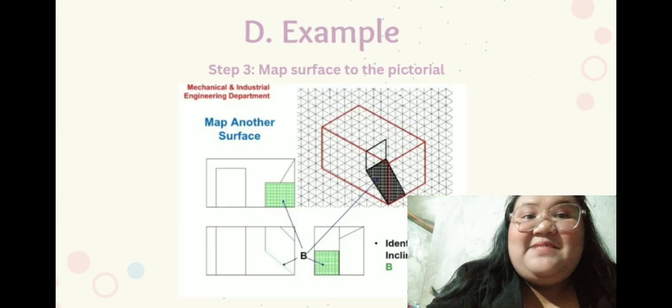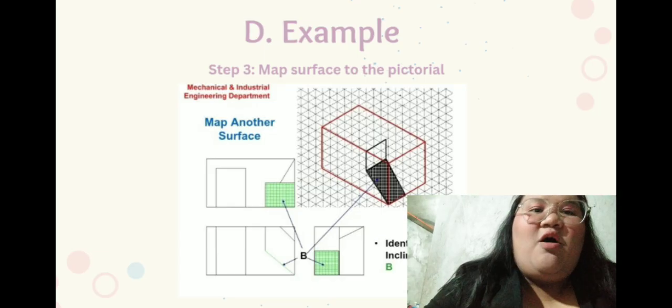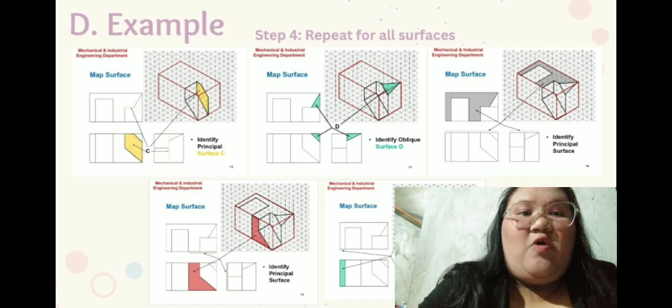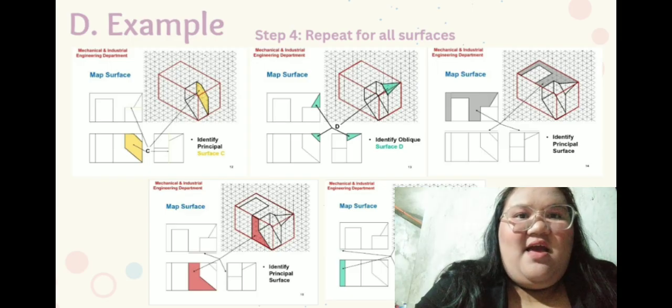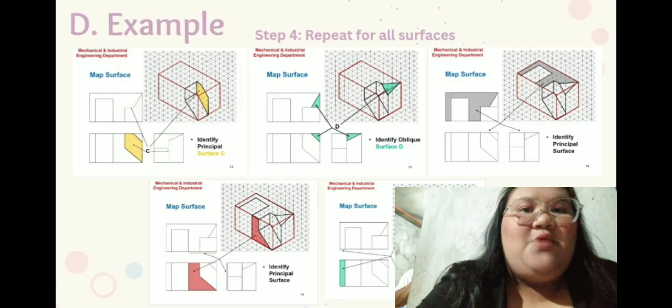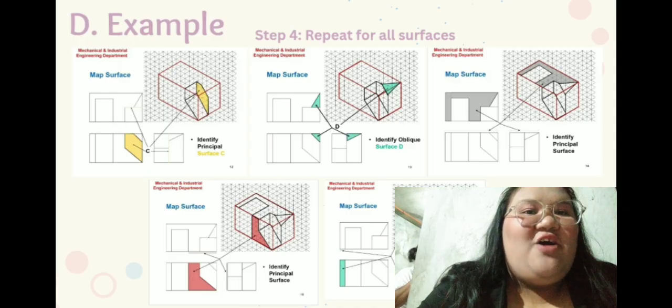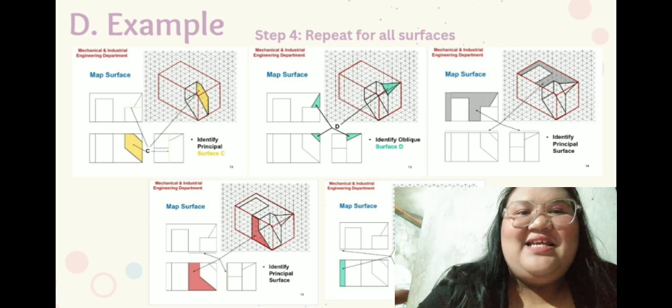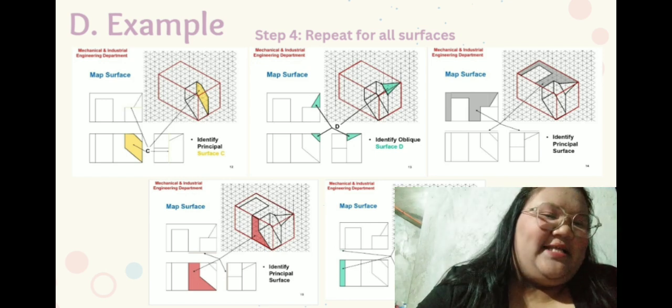Make sure the surface matches its appearance in the orthographic views. Now for step 4, repeat for all surfaces. Continue adding one surface at a time. Slowly build the entire 3D object by mapping every visible surface. This ensures that the final pictorial is complete and accurate.